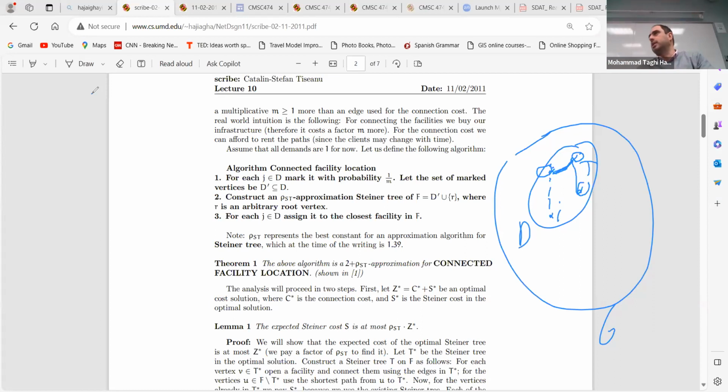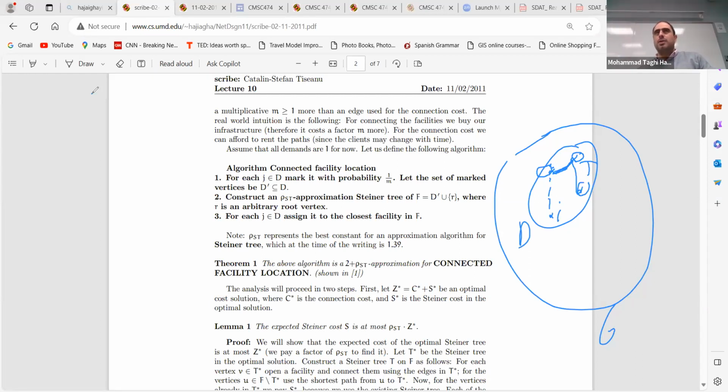M times that is the buying cost. For any edge, if the cost is $1, then with M equal to 10, if you pay $10, you can buy that edge. That was the whole idea: because this is the backbone that you are creating, when you buy these edges, then you can send any amount of flow between them. That's essentially the result.